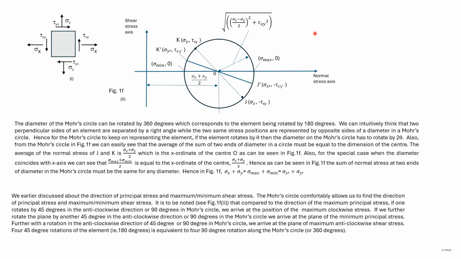With the element, we discussed that if we rotate from the plane of minimum principal stress by 45 degrees counterclockwise, then we reach the plane of maximum shear stress, which is the plane of maximum anticlockwise shear stress.